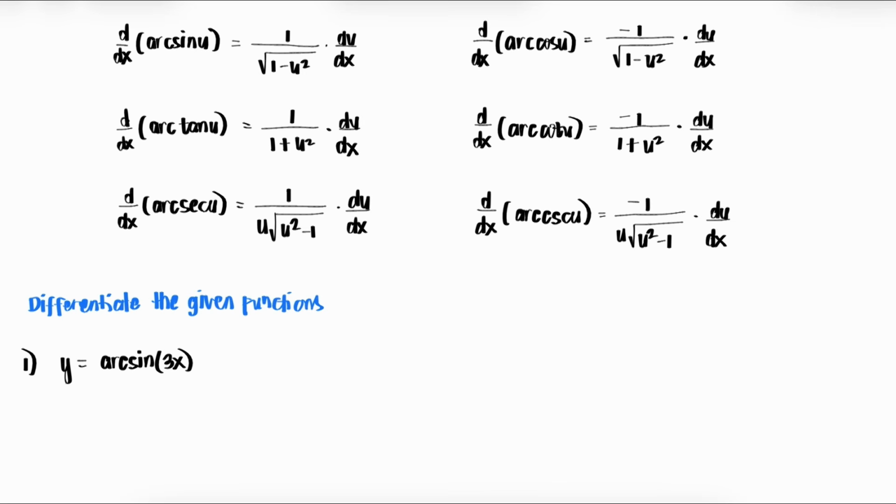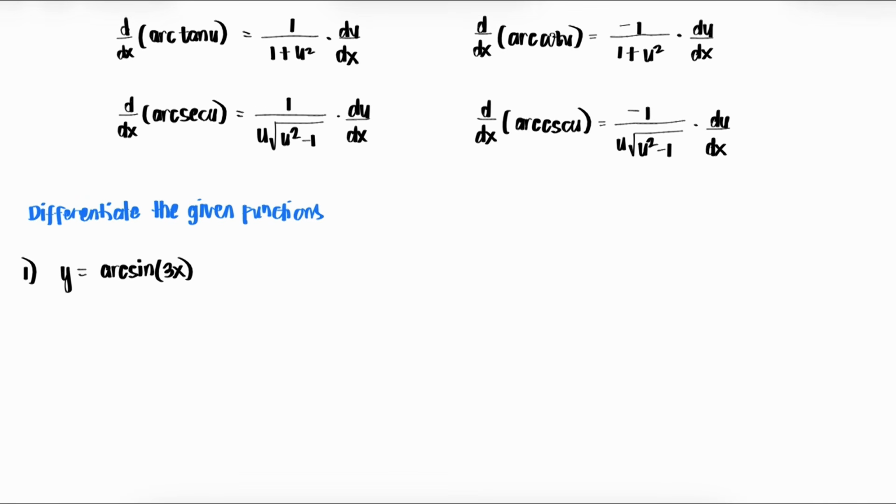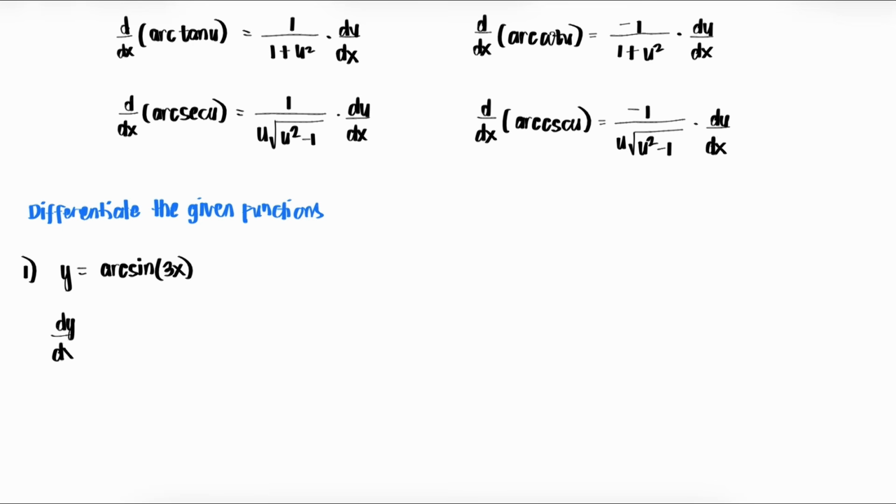Of course this is an inverse trigonometric function, and the first thing that you must do is identify our u. In this case, u is 3x. So applying the formula, the derivative dy dx is equal to 1 over the square root of 1 minus u, 3x quantity squared.